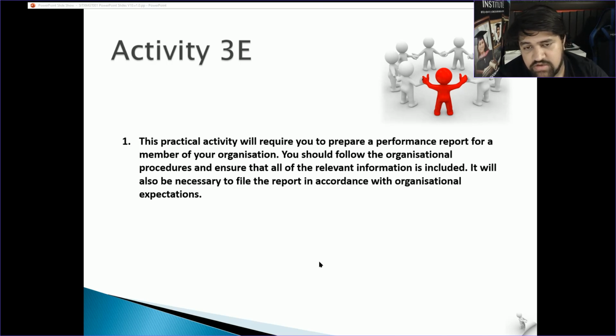Note down what you would usually do: the employee's role, what sort of objectives they are doing and where they are lacking, an evaluation of their current skills and knowledge and what they should be doing to improve themselves, any recommendation of training, any objectives that you give them to follow for the future, and then any other issues that you might notice, maybe to do with their English, to do with their writing, whatever you want them to focus on. Okay, so complete that, come back once you're done, and then we can move on to the next one.